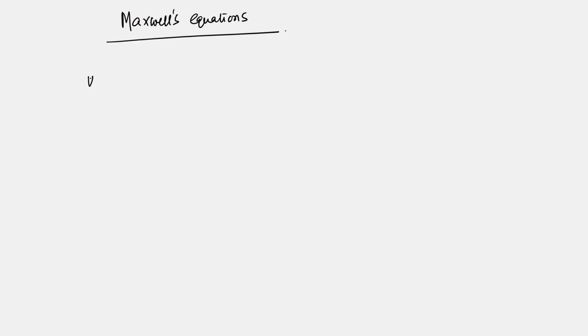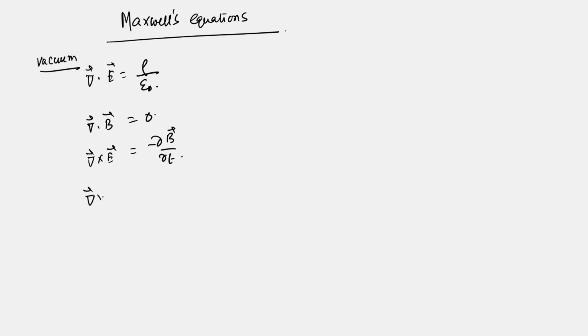So, the equations for vacuum are: divergence of E is equal to rho over epsilon 0, divergence of B is equal to 0, curl of E is equal to minus ∂B/∂t, and curl of B is equal to mu 0 J plus mu 0 epsilon 0 ∂E/∂t, which is nothing but ∂D/∂t, because D is epsilon 0 E.